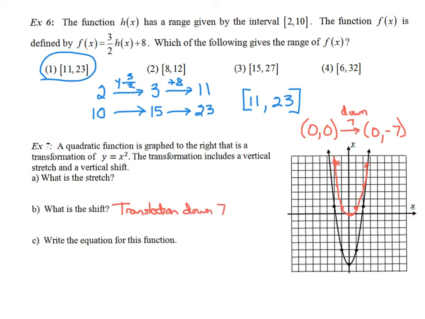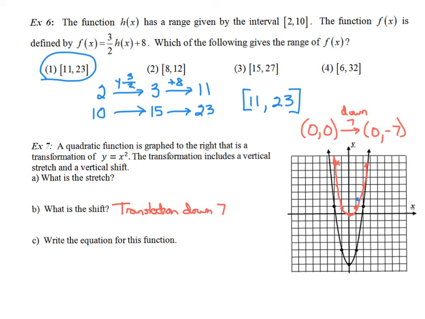That's going to help us quite a bit because now I can look at other points to determine what my vertical stretch is going to be. Specifically, let's start with the point 1, 1. The y coordinate is 1. So whatever I do, I'm stretching it and then I'm moving it down 7. So the question is, where does it have to move to after the stretch so that when I move down 7, it lands here? So I'm just going to count up 7 from this point, and I see that I'm going to get this point right here.